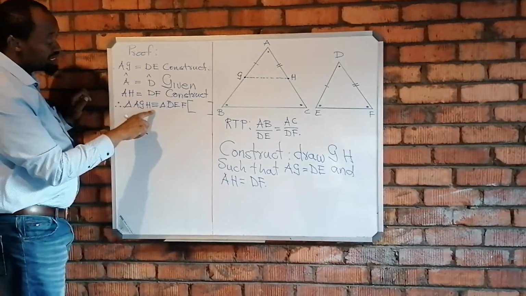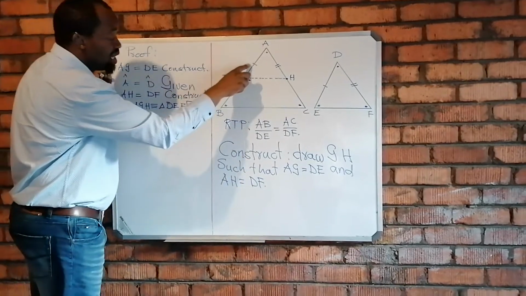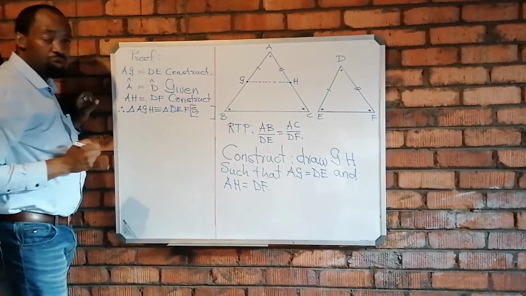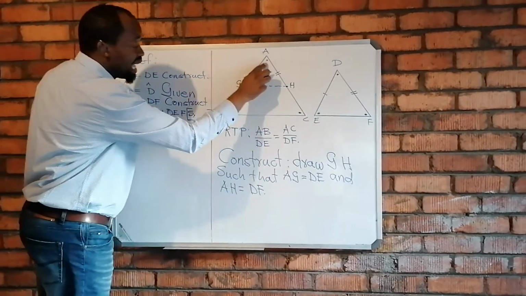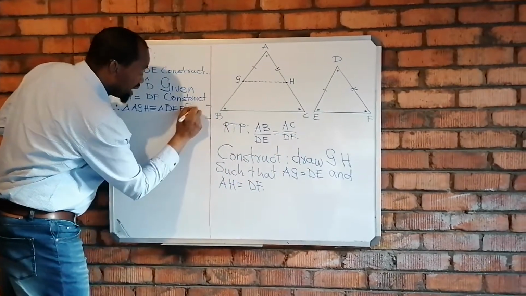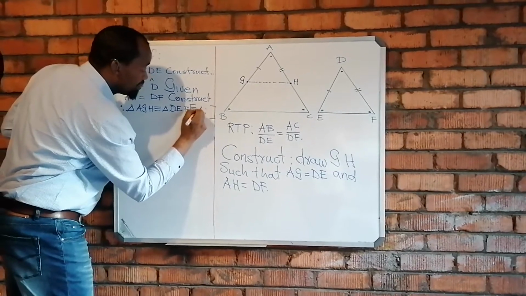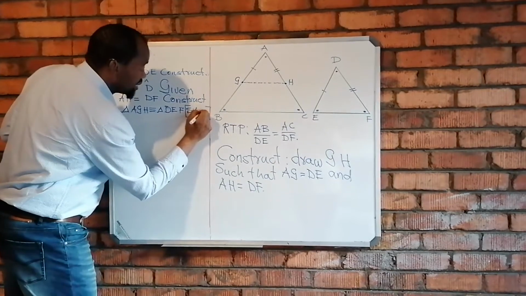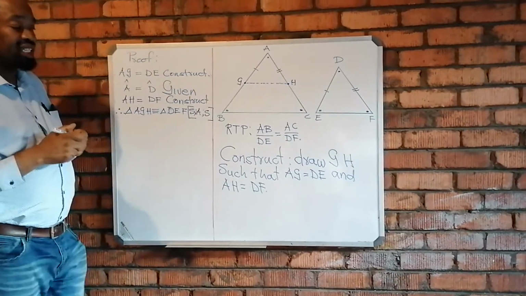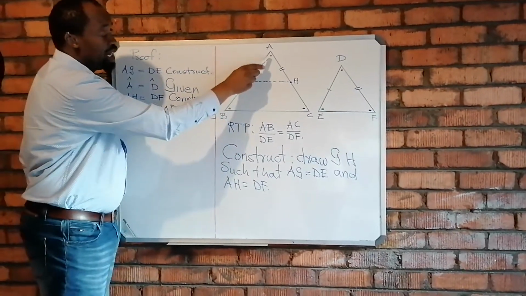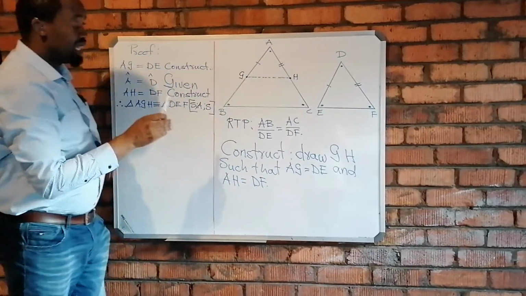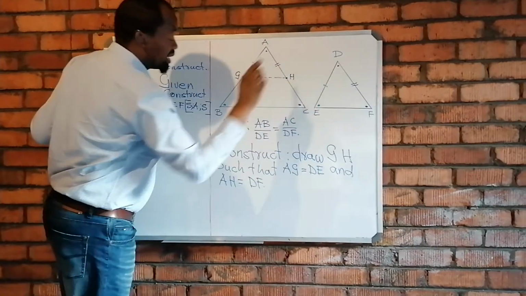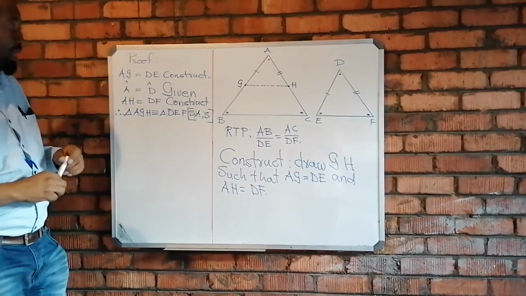The two triangles are congruent because this side is equal to that side. That is why I'm going to put side there. This angle is equal to that angle there. And lastly, this side is equal to that side. That is, side included angle side is exactly the same as side included angle side in that particular triangle.